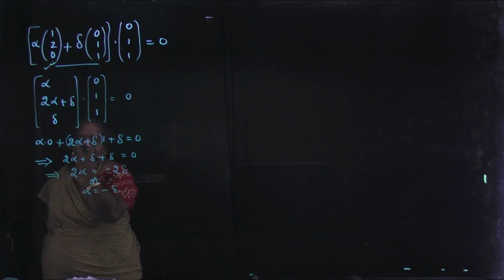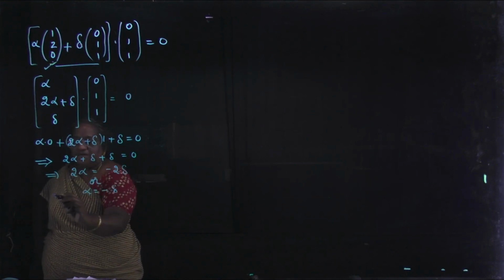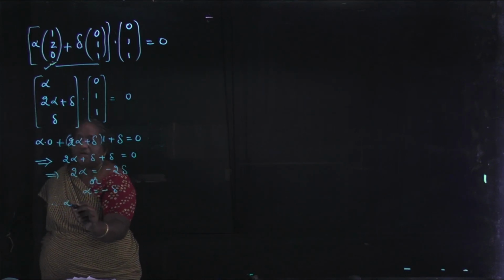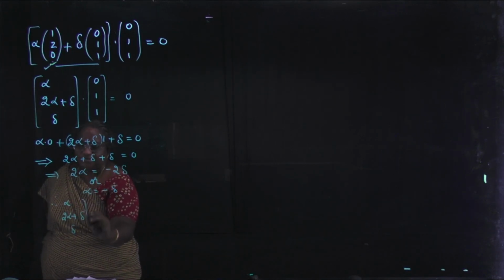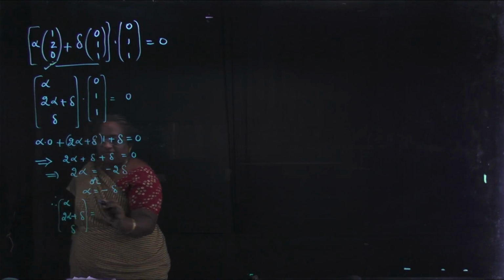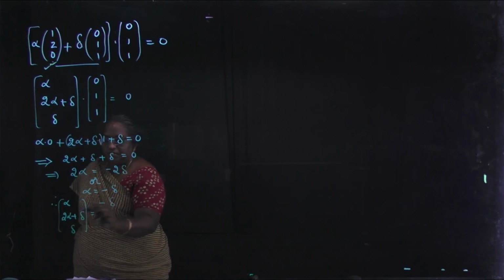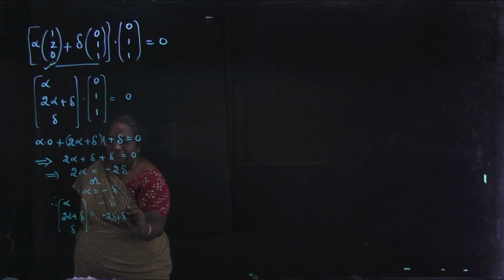So now see, if I write alpha is equal to minus delta, what is it that we get? Alpha, 2 alpha plus delta, and delta, where alpha is minus delta. Alpha I am replacing: minus 2 delta plus delta. Delta as it is.